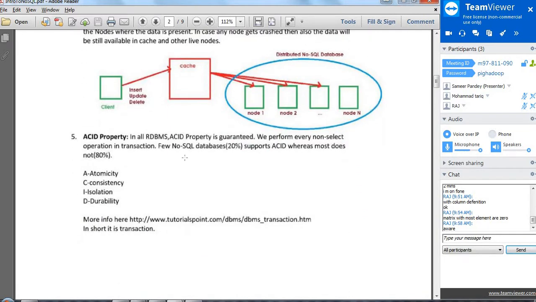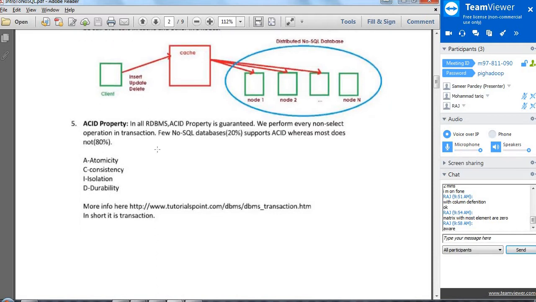Then there is the ACID property in RDBMS, the famous ACID property: atomicity, consistency, isolation and durability. It's very common, even in engineering time, that data should be consistent. Atomicity means either it has to be 0 or 1, either complete or not complete. Such promises we have from RDBMS, so in all RDBMS, the ACID property is guaranteed.